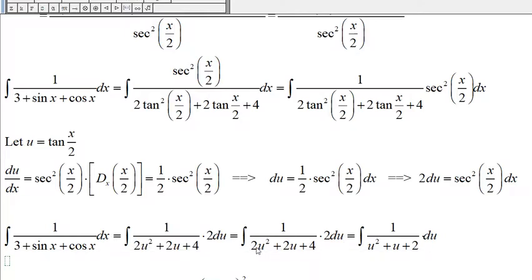Down here, the common factor is 2, so we can factor out the 2. 2 divided by 2 is just 1. So we end up with the integral of 1 over u squared plus u plus 2.